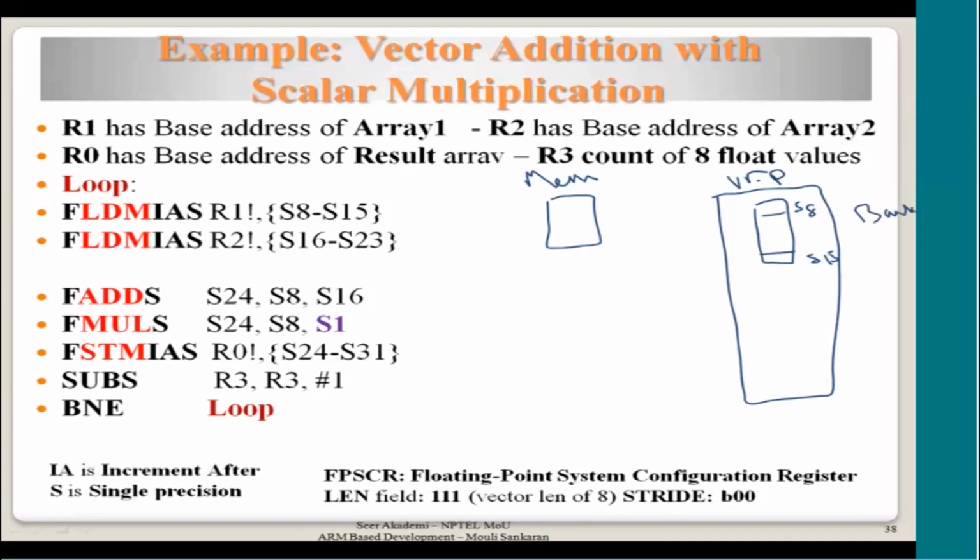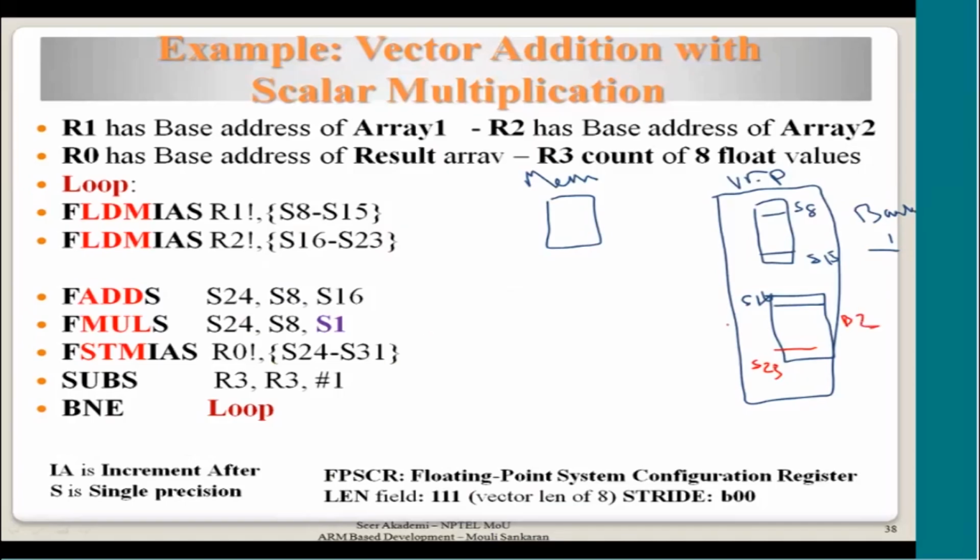Bank 0 is S0 to S7, so that is not used. Bank 1 is used, and then another bank is used, S16 to S23. This is how many registers? 8 registers are there. This is bank 2.